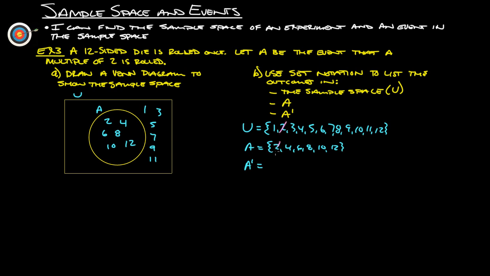Then A prime is going to be everything in the universal set that's left over. So that's going to be 1, 3, 5, 7, 9, and 11, just like what we had out here.